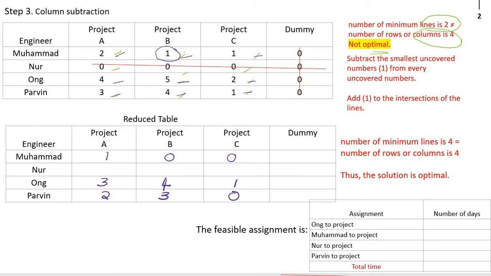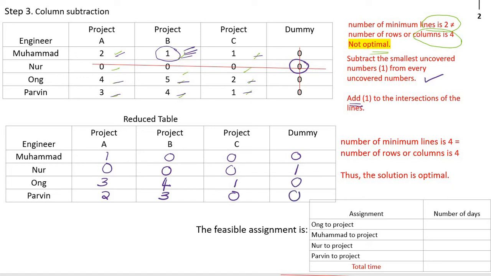Okay, we have done this part, and we need to add the smallest value to the intersections of the lines. The intersection, the junction, here is 1. 0 plus 1 is 1. And then the rest of the values, we just copy them.